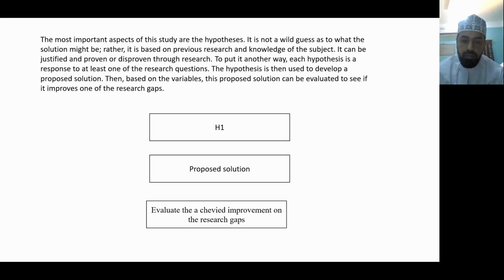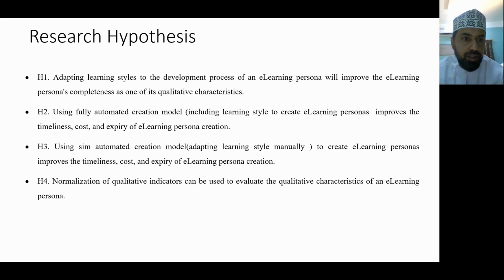In simple words, the hypothesis is not created randomly, but is based on previous research and knowledge, and is also justified by references, and it can be approved or disapproved. So we're going to test whether this hypothesis is right or wrong. Those hypotheses respond to at least one of the research questions. If we go back to the hypotheses, we have four hypotheses, and the structure of the thesis or research is based on those hypotheses.